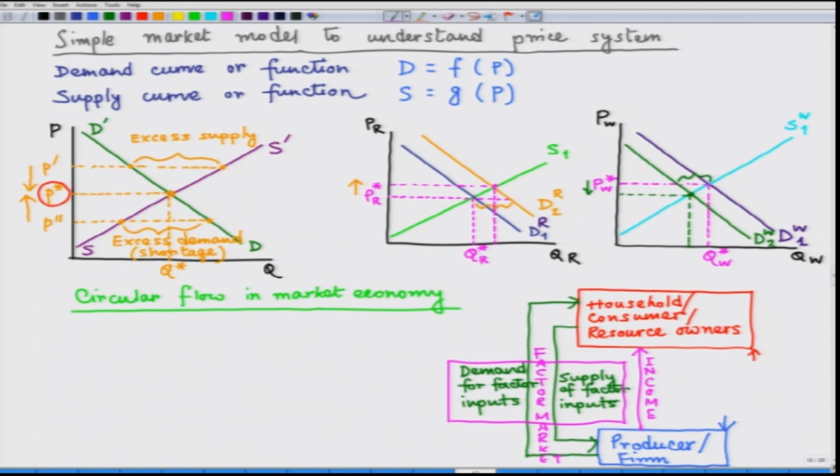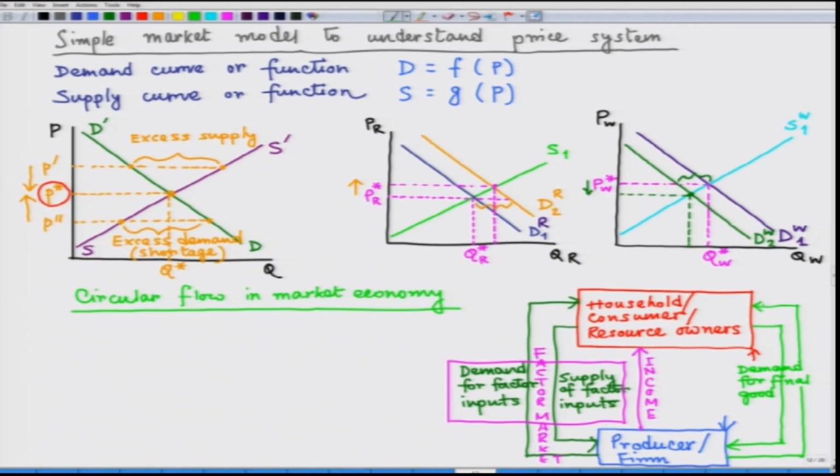Now, with this income, the household is going to start demanding final goods and services to consume. So, there will be a flow of demand and there will be another flow which will denote the supply, because the producer after producing some final goods and services of course has to sell it to earn some money, and he will sell this to the household or the consumer sector.